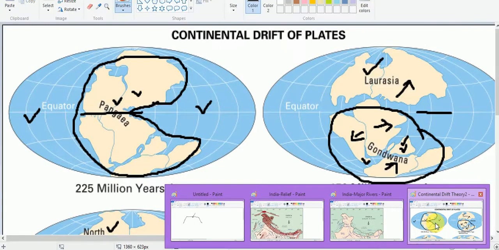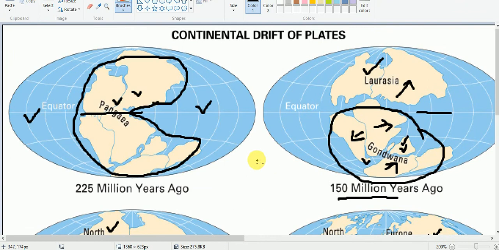Remember, about 225 to 250 million years before present, there was only one continent known as Pangaea. And about 150 million years ago, Pangaea was broken into two pieces. The one north of the equator was known as Laurasia. The land south of the equator was known as Gondwana land.